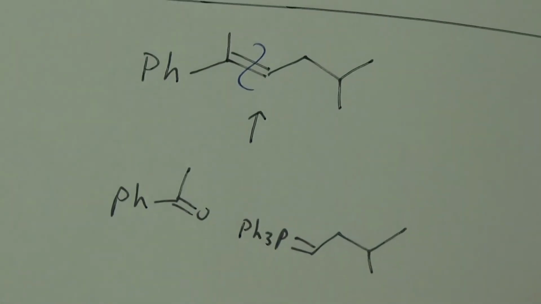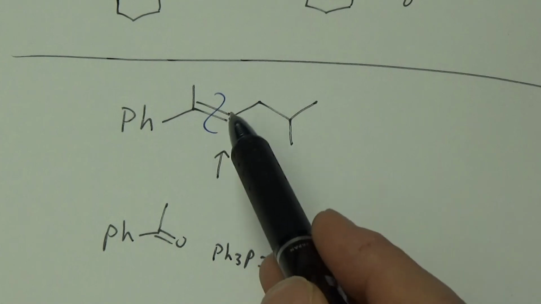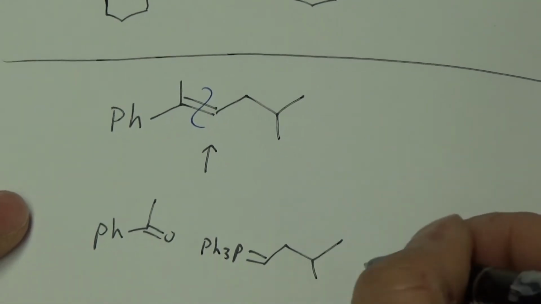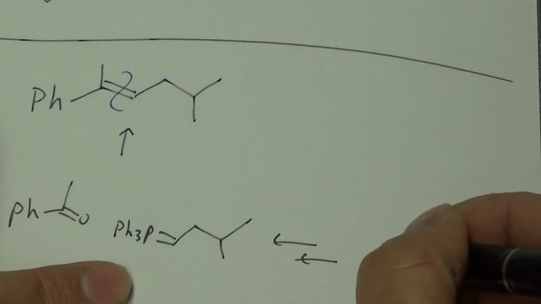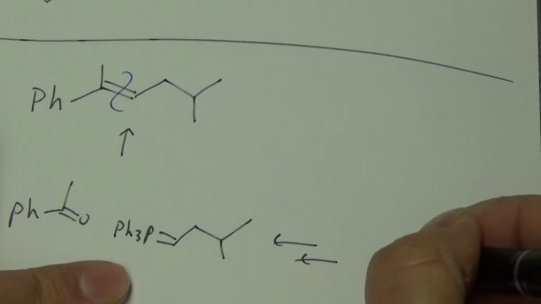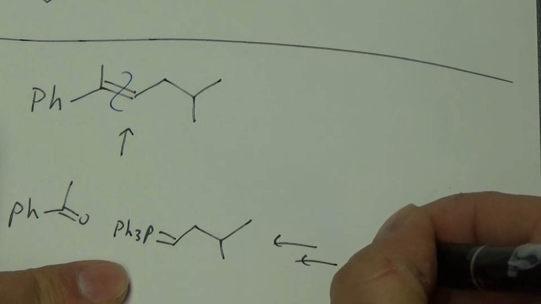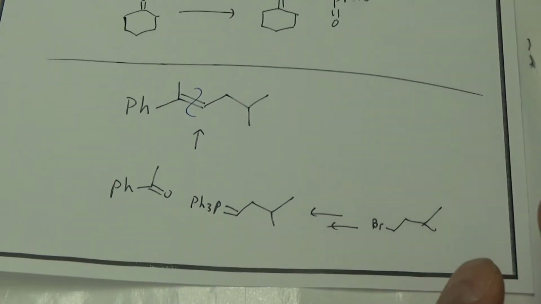So you can kind of go backwards and say, I want to make that alkene, and I would make it from a ketone and the Ph3P Wittig thing. And then you could make this in a couple steps from the bromide, right? Okay, so anyway, we'll talk more about that later. All right.